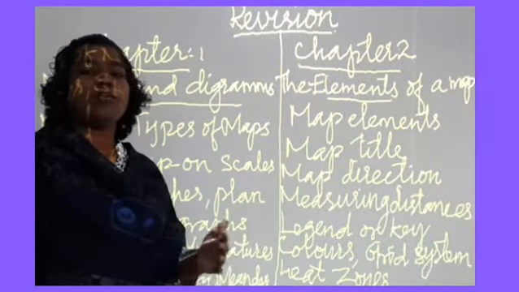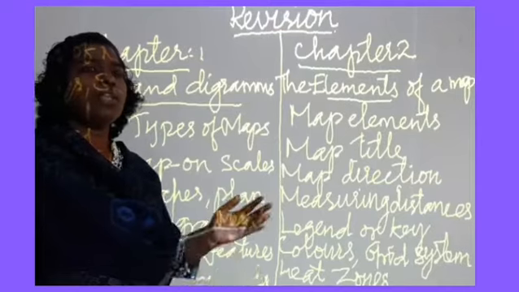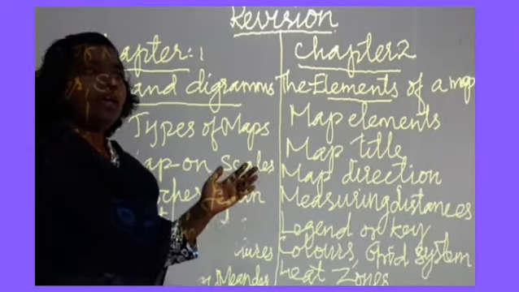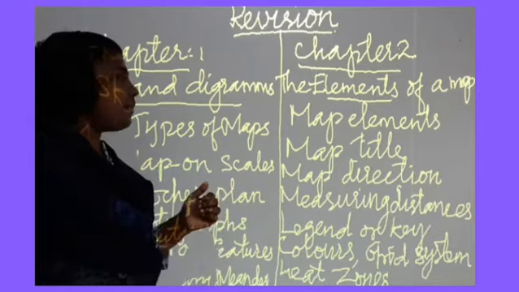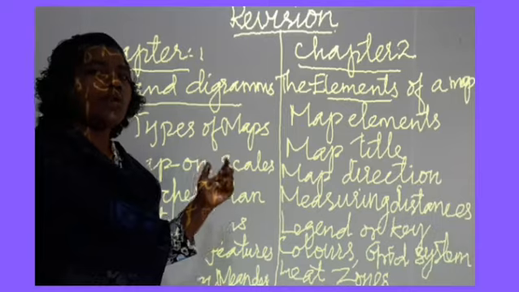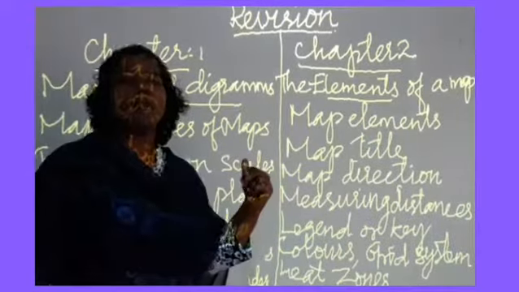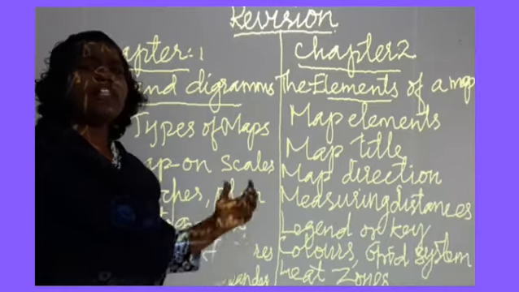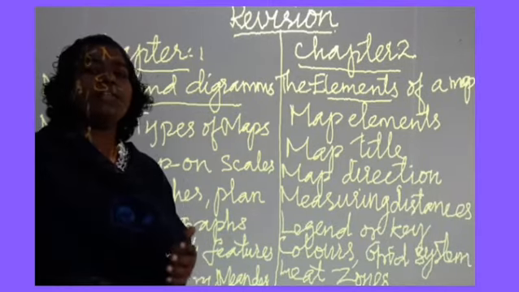Features like buildings, roads, rail tracks. These can be seen or identified with the help of a topographical map. And also natural features like mountains and hills can be seen with the help of the topographical map. And in a topographical map, there are 2 important lines.